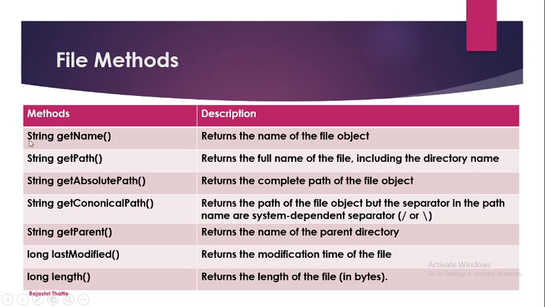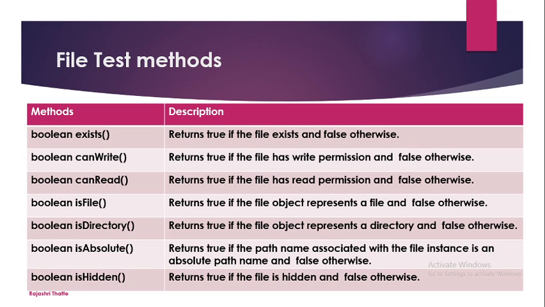Because there is no static keyword in the header, in the prototype. If there is a static keyword in the function prototype, then it is called a class method. Here no static keyword is available, so all these methods are instance methods, and to call them we require the name of an object. Okay, fine. Some more methods.